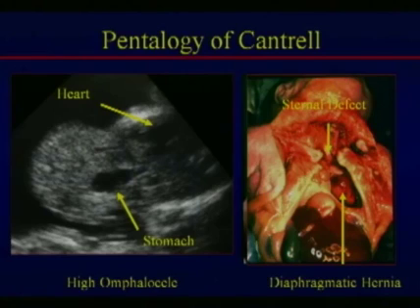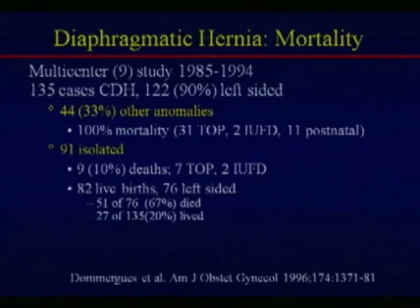Some of these omphaloceles can be smaller and could potentially be missed, so certainly look for that. But what we want to do is take a good look at the entire fetus and make sure there aren't any other associated abnormalities. Certainly the presence of associated abnormalities is a key factor in evaluating the prognosis, just as it is with any kind of birth defect that we may see before birth.